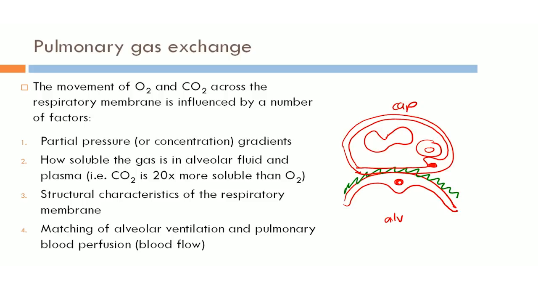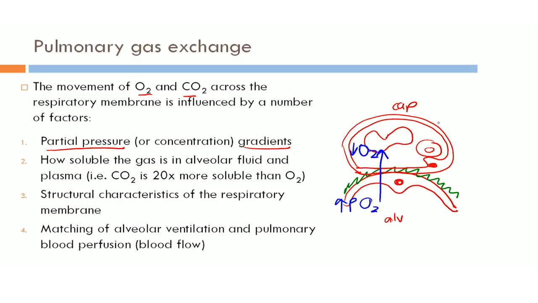The movement of oxygen and carbon dioxide across this respiratory membrane is influenced by a number of factors. Firstly, the partial pressure difference or partial pressure gradient that exists between here. So if in the alveolus we've got lots of oxygen, a high partial pressure of oxygen, compared to a lower partial pressure of oxygen in the capillaries, you can see that oxygen is going to diffuse into the capillary.